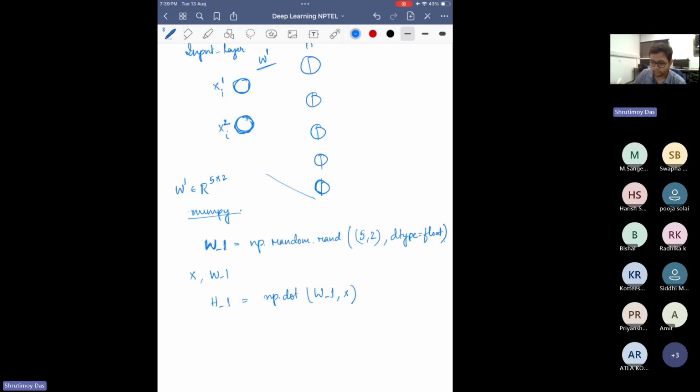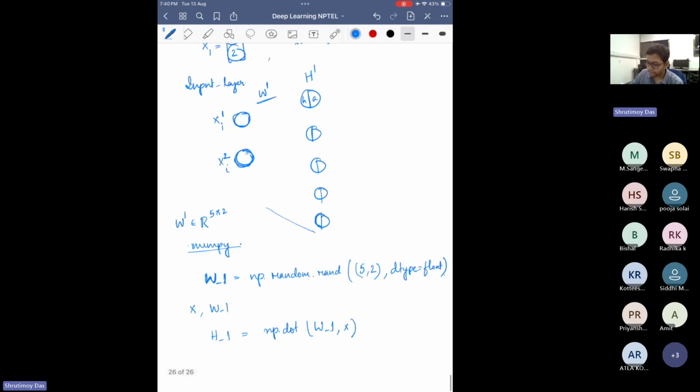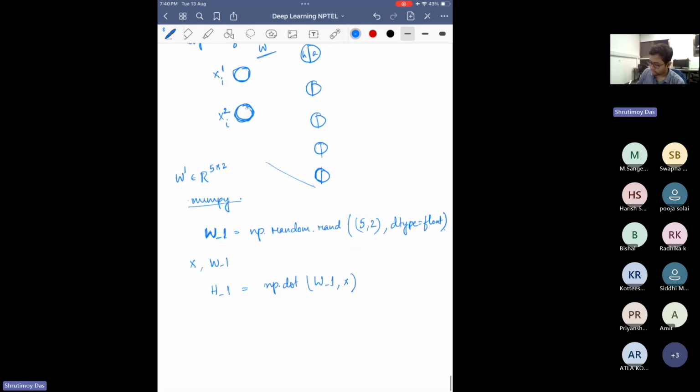So the next step is the activation, right? Because once we have the hidden dimensions, from H you go to A. Suppose, for example, I'm just taking the sigmoid activation in this case, or the logistic function. So I will define a logistic function in Python, define logistic.